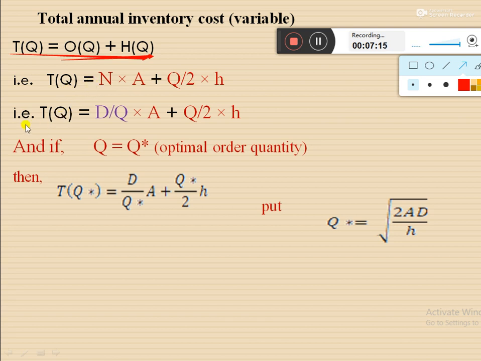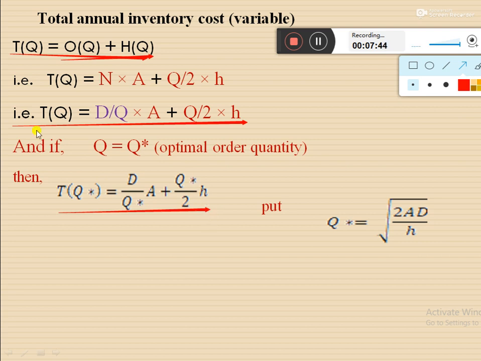Further, this formula can be rewritten as written here. Total annual inventory cost is equal to D upon Q into A plus Q upon 2 into H. And if Q is equal to Q star, that is economic order quantity, in that case the total annual inventory cost can be calculated by using this expression.